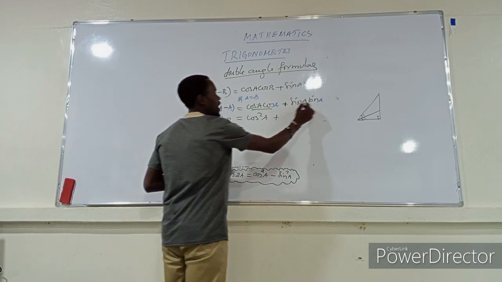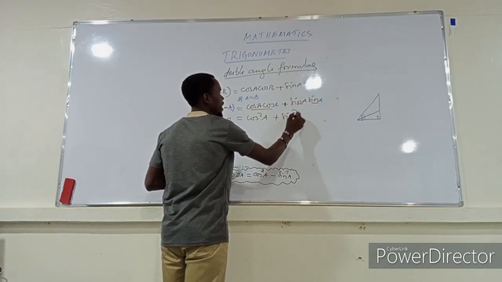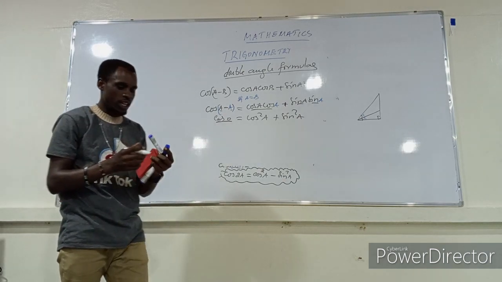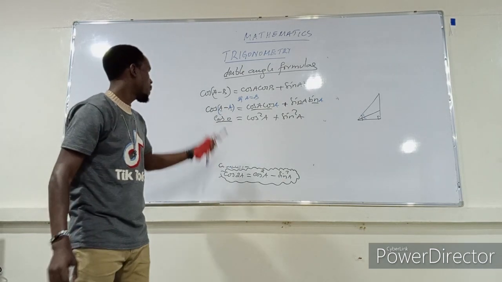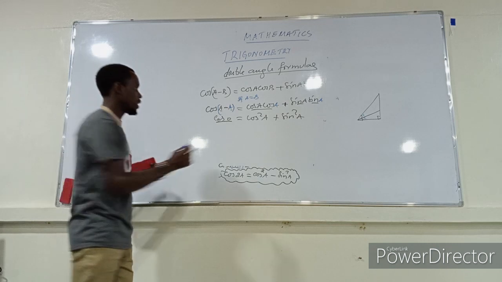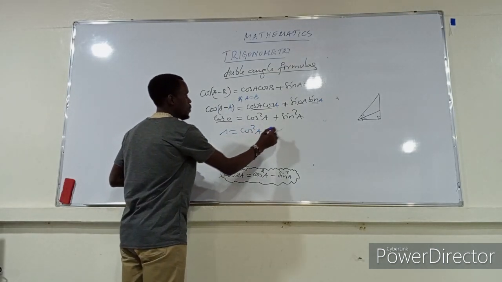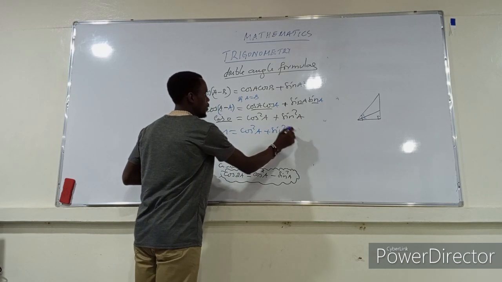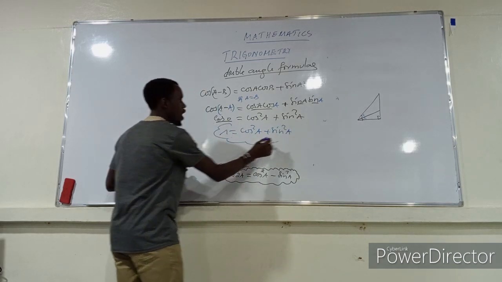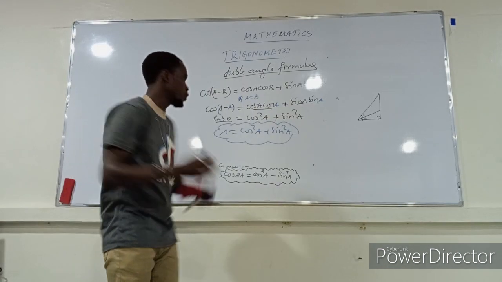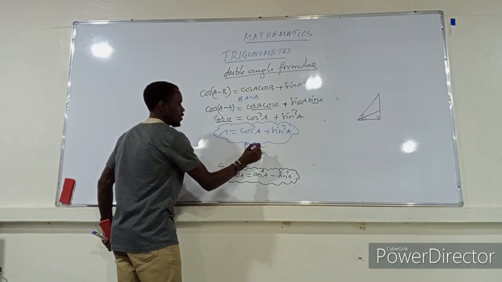And sine of A times sine of A is equal to sine squared of A. And from your calculator, cosine of 0 is equal to 1. This means 1 is equal to cosine squared of A plus sine squared of A. And I think this is what we call the fundamental formula of trigonometry.